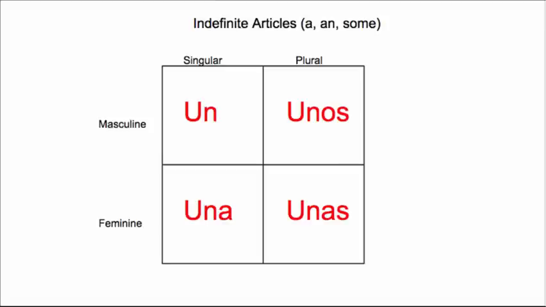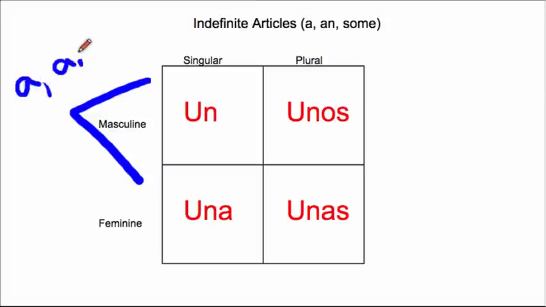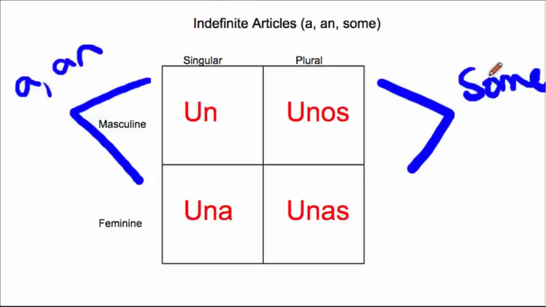Here are the indefinite articles in Spanish, okay? Un, una, unos, and unas. It's important to note here that these two mean a or an, and these two mean some. Let's do a quick example with these. Un libro, a book.